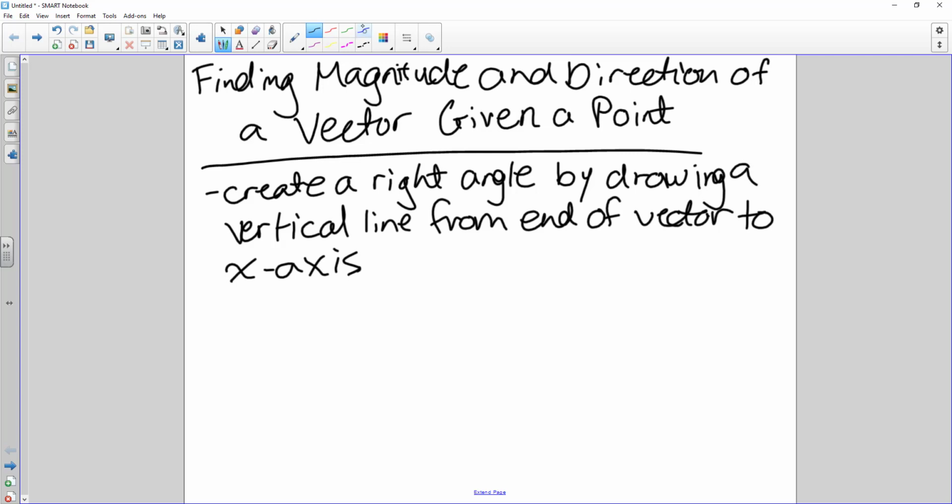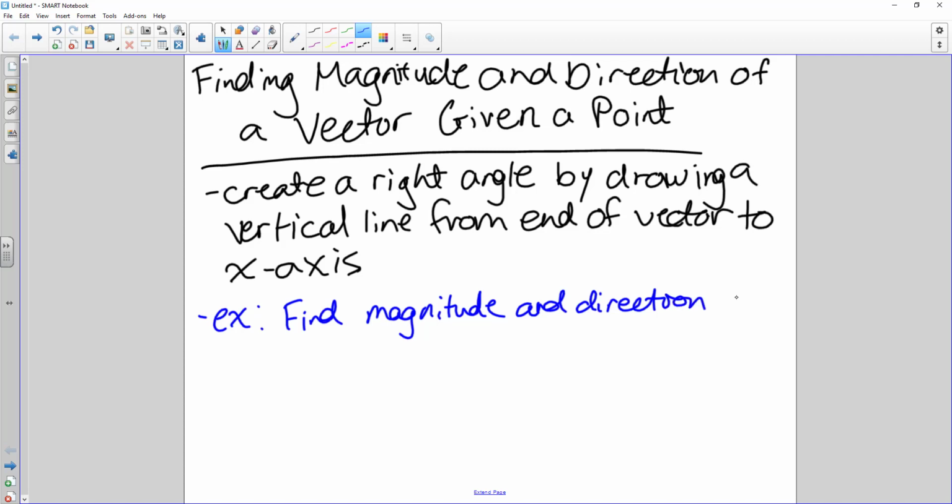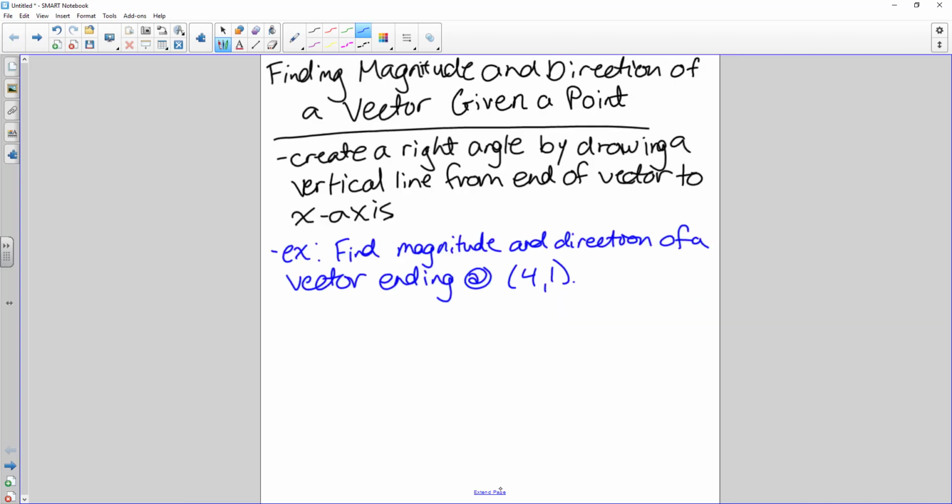So for example, let's find the magnitude and direction of a vector ending at the point 4, 1. So we'll start off with a vector in quadrant 1, and then we'll do one in a different quadrant.